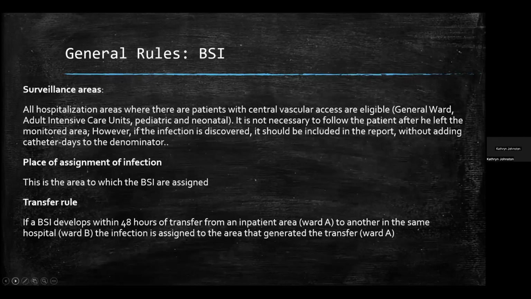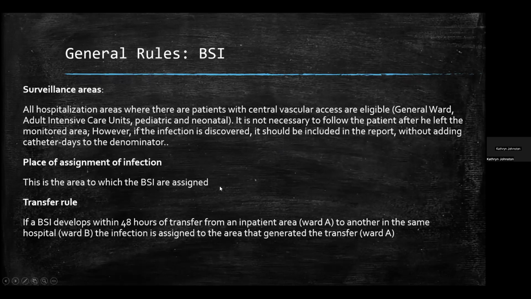And then there are rules about where you're doing it. When you identify in your surveillance plan where you're going to be doing it, then those are the only areas that you're following. But each infection has to be assigned to a location. Generally, it's an intensive care unit. You may be following neonatal intensive care units.